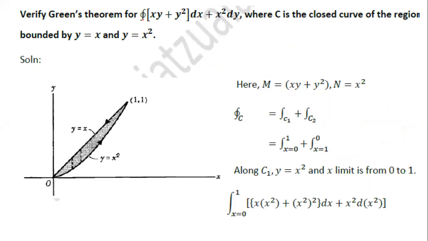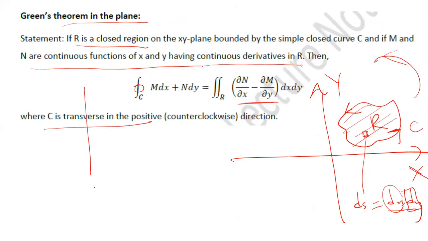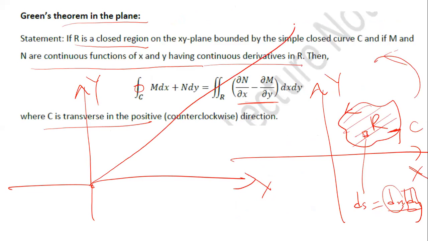So verify Green's theorem for this, where C is the closed curve of the region bounded by y equal to x and y equal to x square. So what is y equal to x? Let's say this is your x axis, this is your y axis. y equal to x is just a straight line like this.